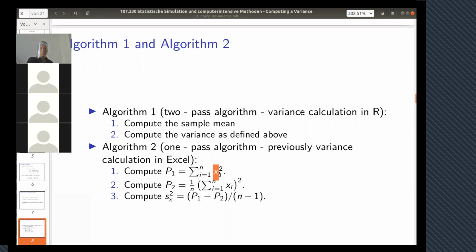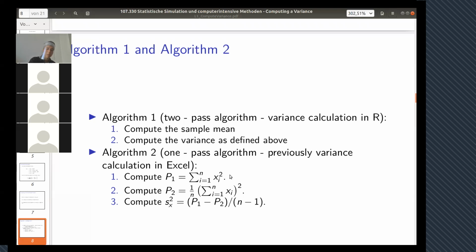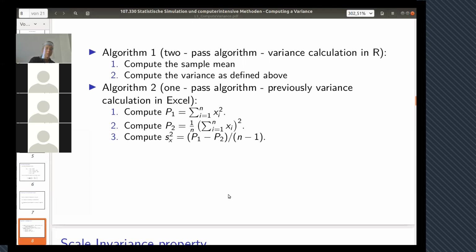It used the squared values and then the squared version of the original mean, summed up the squared values, and then calculated this second formula. And this will be algorithm 2 for our comparison.